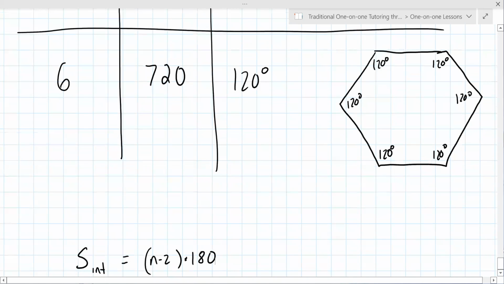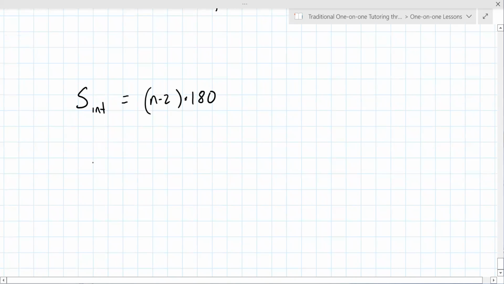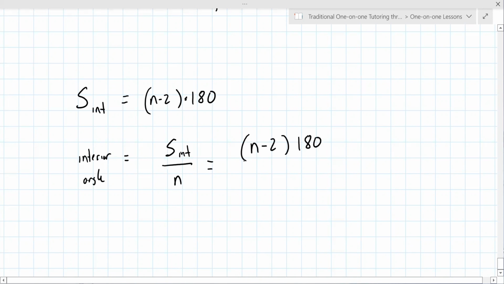To find the actual interior angle, you take the sum and divide it by the number of sides. So what some textbooks will do is show you the formula this way: the sum is n-2 times 180, and they show it as division by n, like this.